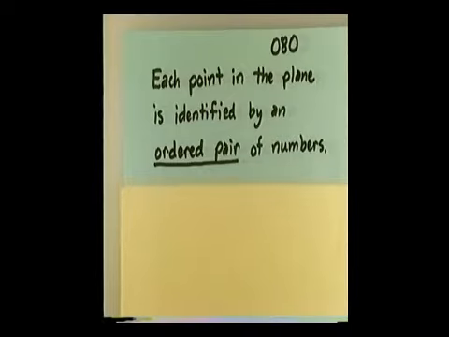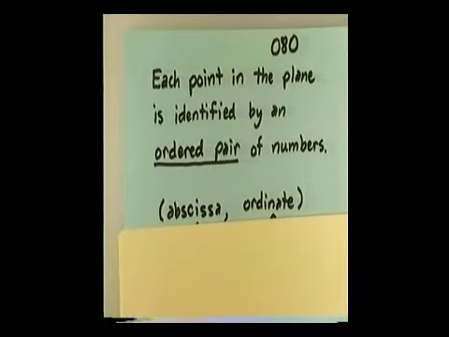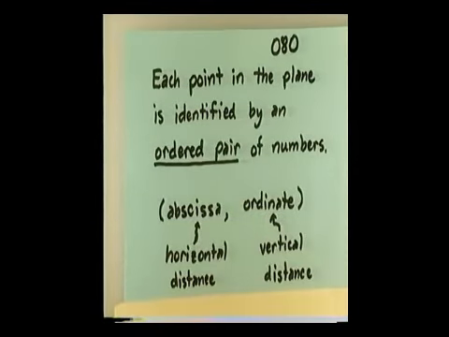The first coordinate is known as the abscissa, the second the ordinate. These are rather old-fashioned words. They're a little bizarre, but abscissa is the first coordinate. The ordinate is the second coordinate. The abscissa tells us the horizontal distance, and the ordinate tells us the vertical distance.